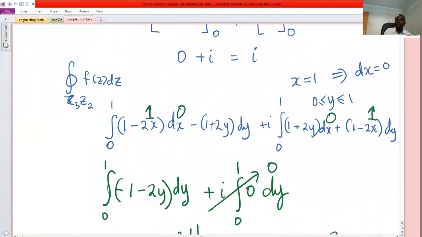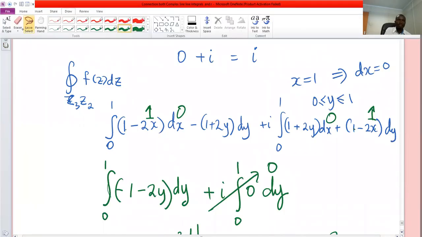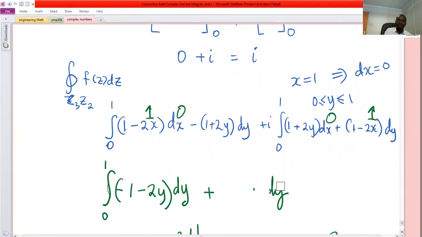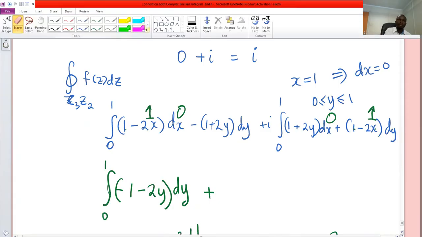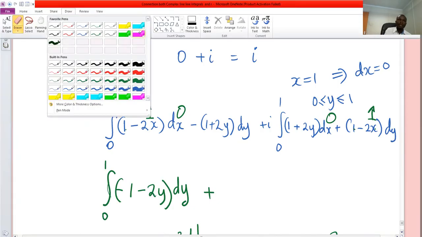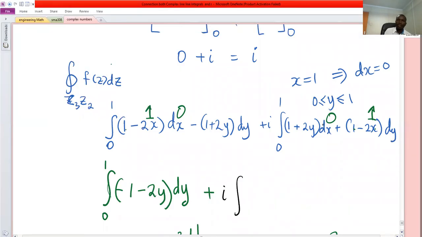Just a small correction there. This part here is really not 0. When you replace x by 1, I'll have i, so this other part is what goes to 0. But this will be 1 minus 2x, so this will give 1 minus 2, because 1 times minus 2 is minus 2, plus 1 is minus 1. This will be minus dy.